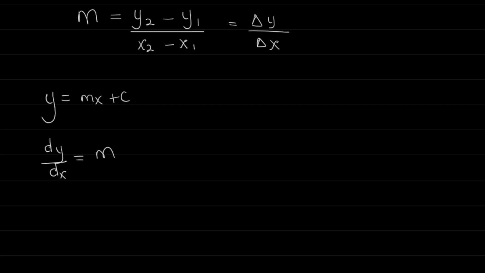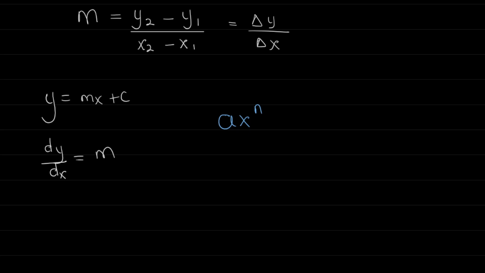I hope you remember a power. Let's talk about a power. What is a power? A power is a term where we have a coefficient, we've got x, and we've got an exponent. Then how do you do this differentiation?